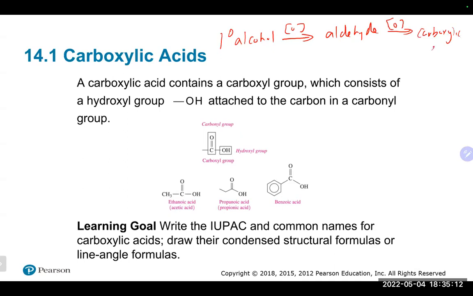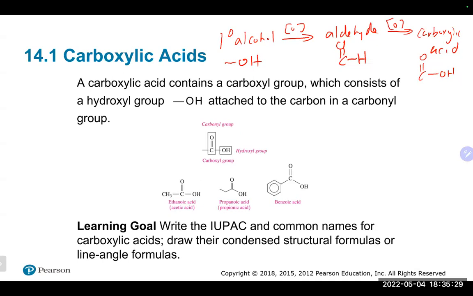Again, that is how we make one of these guys. We're basically, functional group wise, going from an OH to an aldehyde group to a carboxylic acid group or a carboxyl group there.